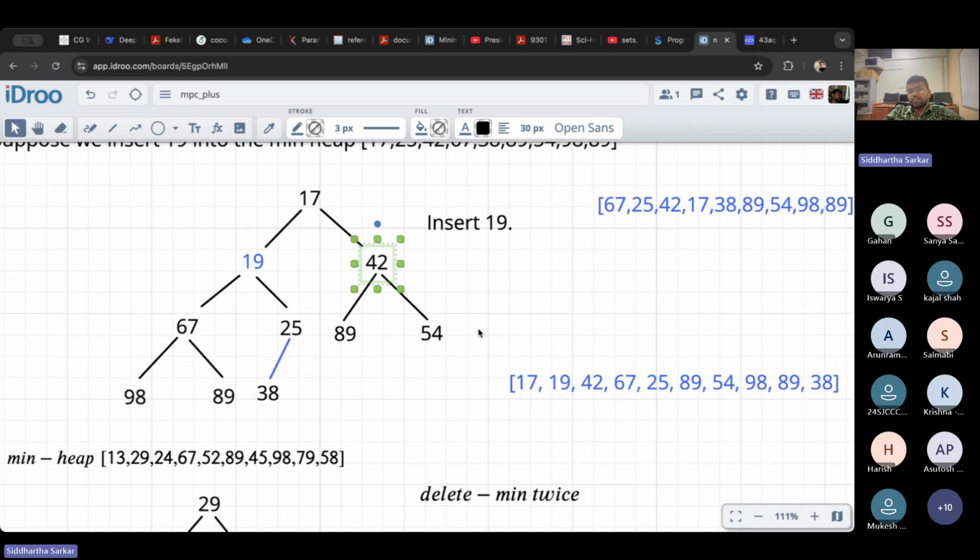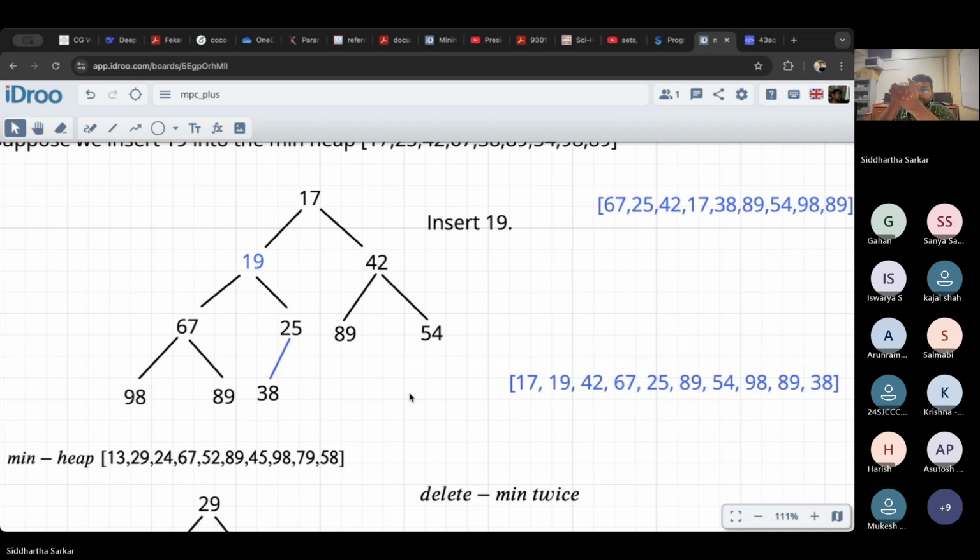And the max heap property is just the opposite. So you consider any node, the children should be smaller, strictly smaller. So therefore, in a max heap, the largest element is where? Root.